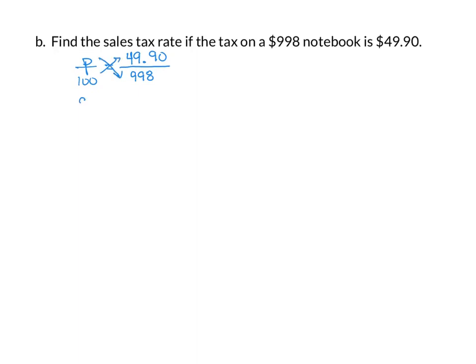If we cross multiply, we get 998 times P equals 4,990. All right, we go ahead and divide by 998 on both sides.